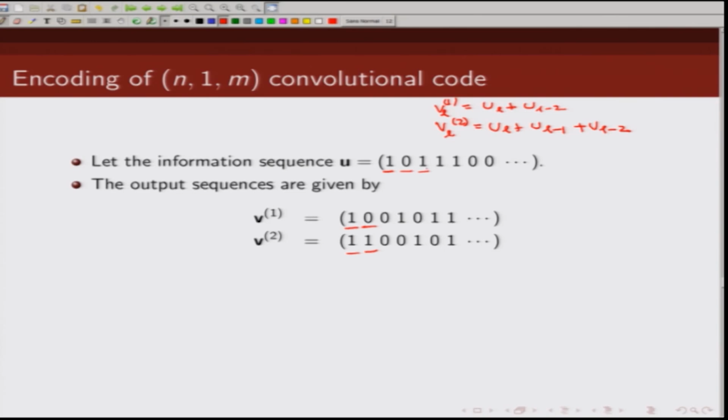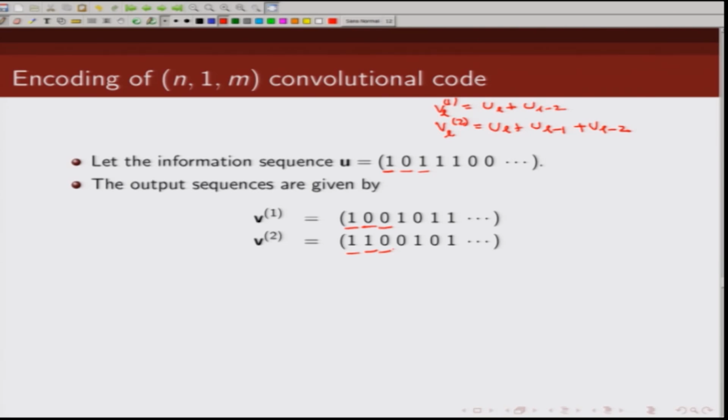So, U_{L-1} was 0 and U_{L-2} was 1. So, 1 plus 1 is 0, and U_L is 1, U_{L-2} is 1 and U_{L-1} is 0, so 1 plus 0 plus 1 is 0. Like that you can write down the output coded sequence.